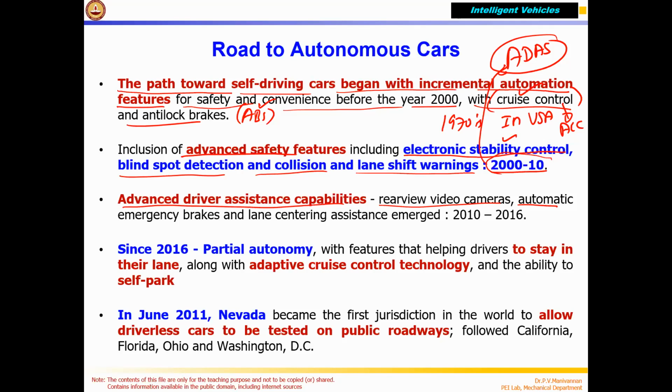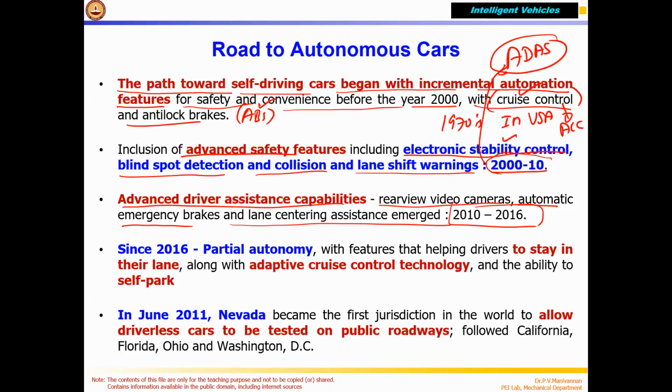There's a 7-inch LCD display where speed and engine speed are shown, and the rear view comes in when parking. Even if you don't look at the mirror, the main console in front of the driver will show it. So before changing lanes left or right, it will alert you. That's what we have: rear view video cameras, automatic emergency brakes and lane centering systems, which came in 2010.